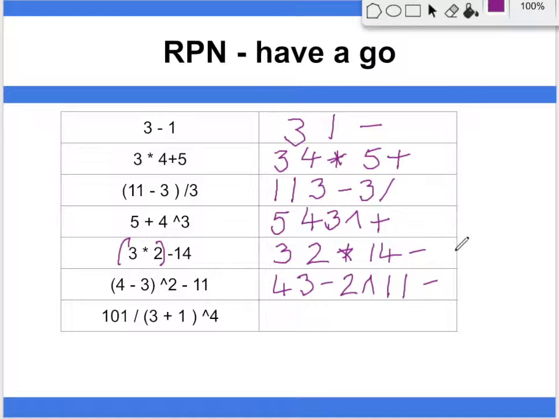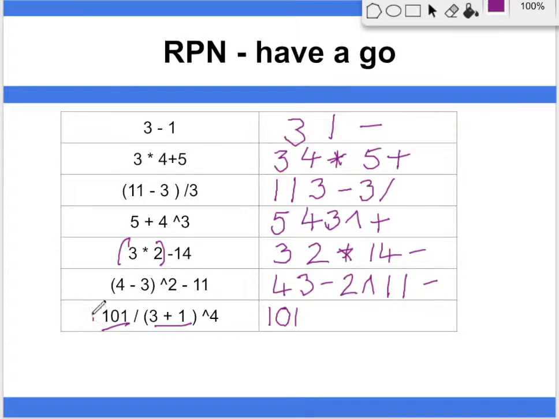Now the final one is an interesting one, because the equation on the left hand side of the division is actually evaluated already. So this gets placed on the left hand side, but it isn't going to be evaluated immediately. So 101 is going to be placed there. What we then need to do is evaluate these brackets, so the 3 and the 1, add those together and then raise it to the power of 4.